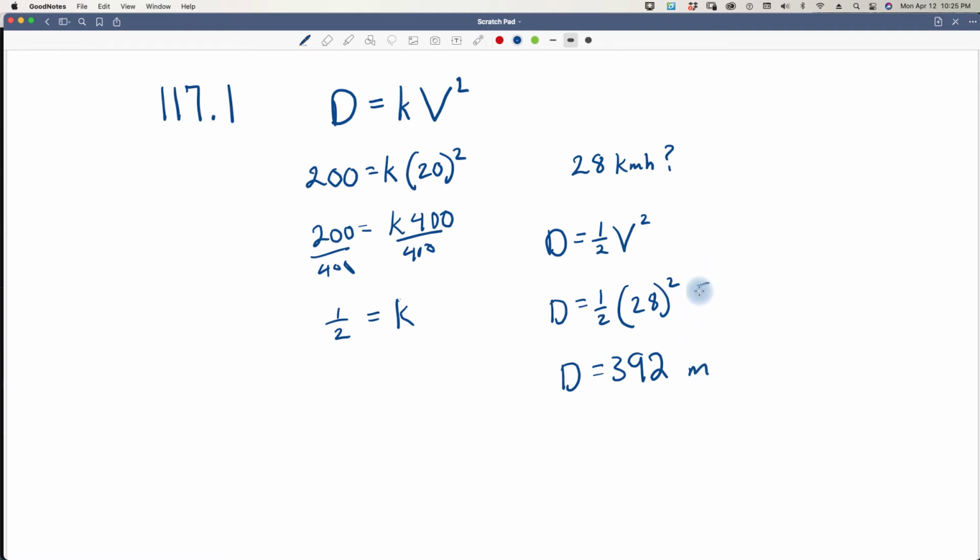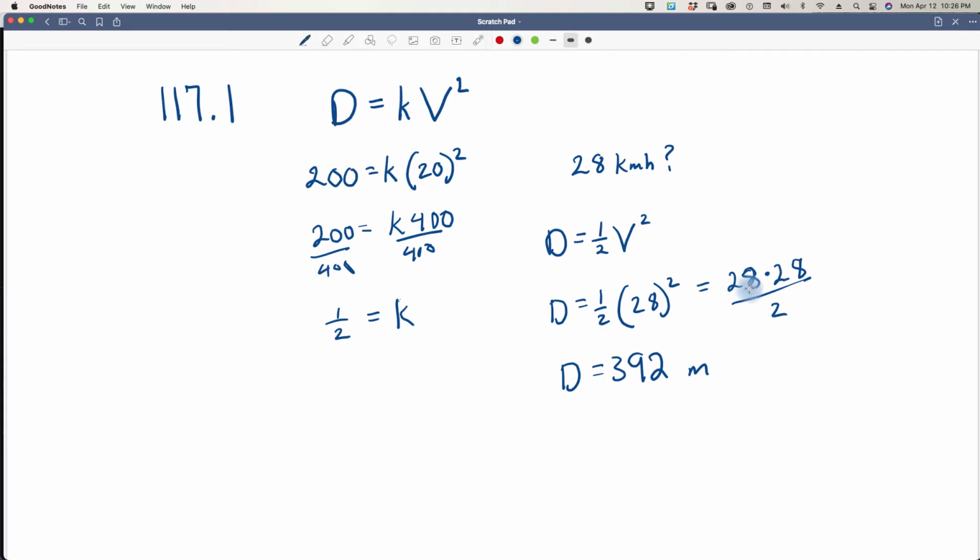And just for the record, what I did was 28 times 28 divided by 2, because that's 28 squared. Then you put that over 1, and it's the same as 1 over 2, so that's how you get the 2 in the denominator.